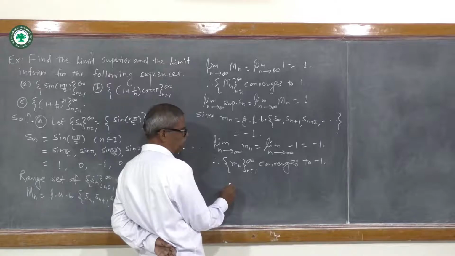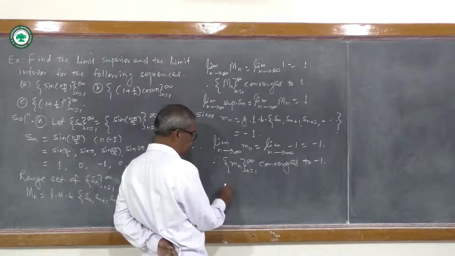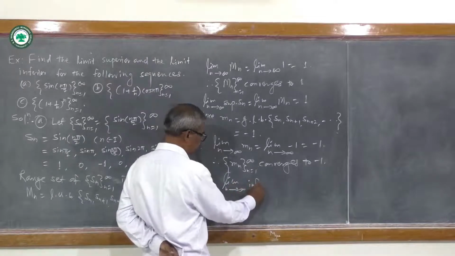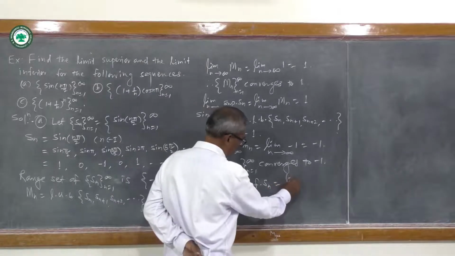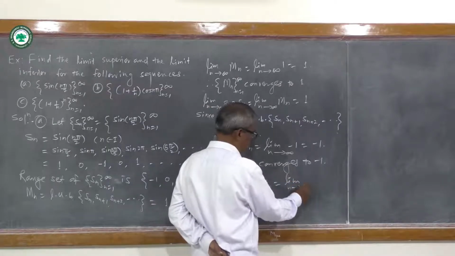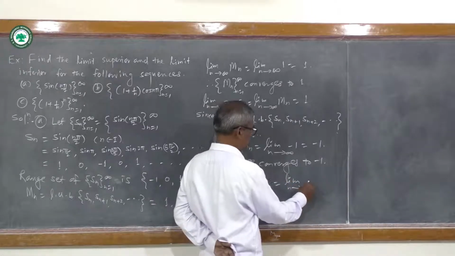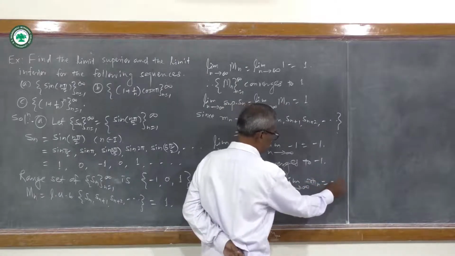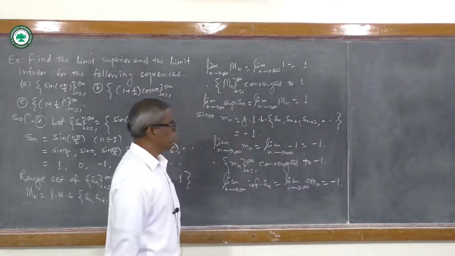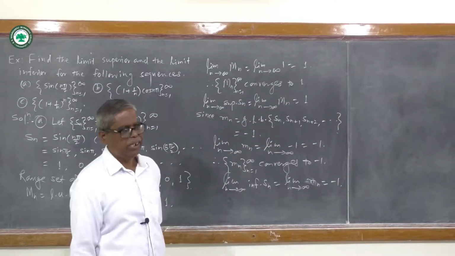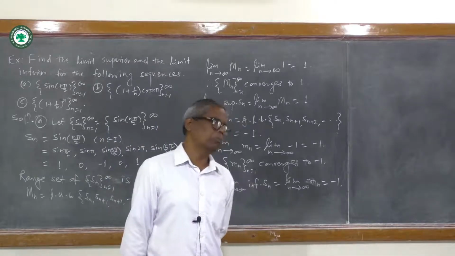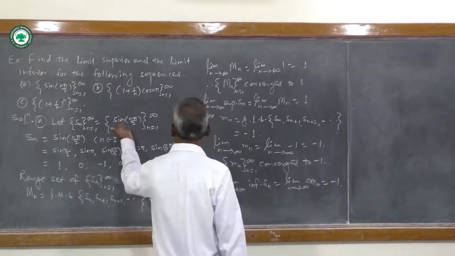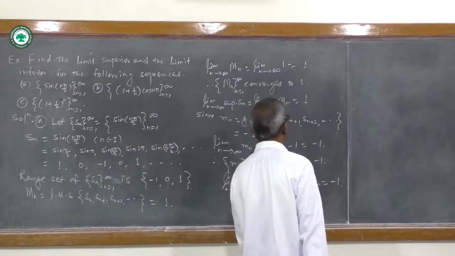Therefore, by definition, limit inferior of Sn is equal to limit n tends to infinity of small mn, which is equal to minus 1. Limit superior is equal to plus 1, limit inferior is equal to minus 1 for the sequence Sn, which is sin n pi by 2.